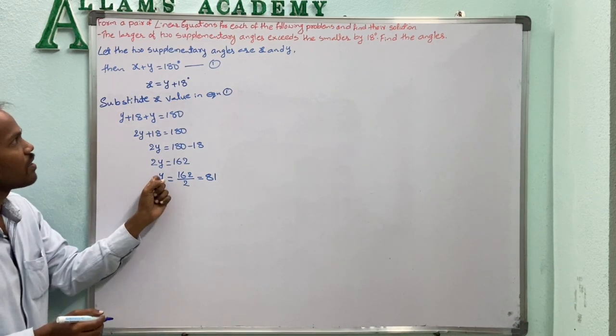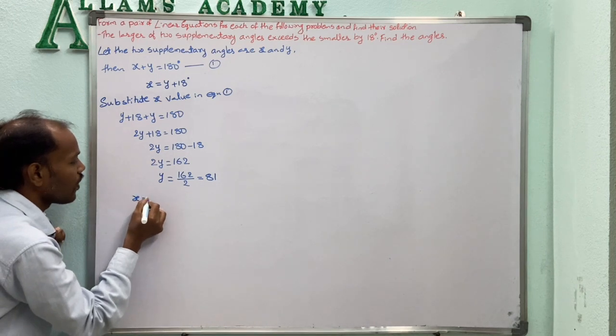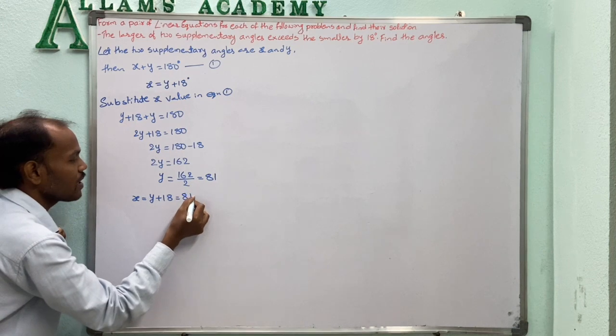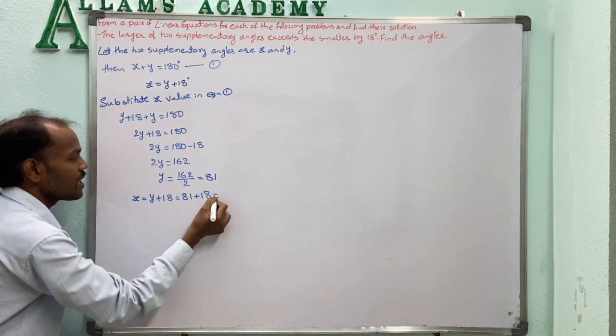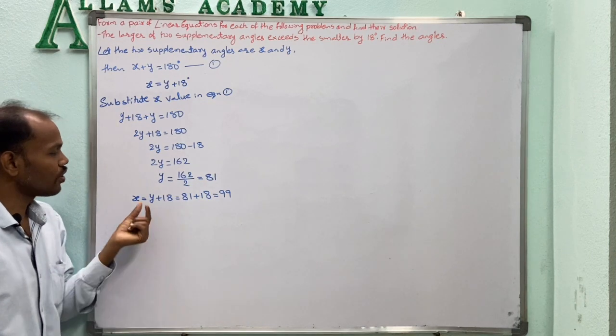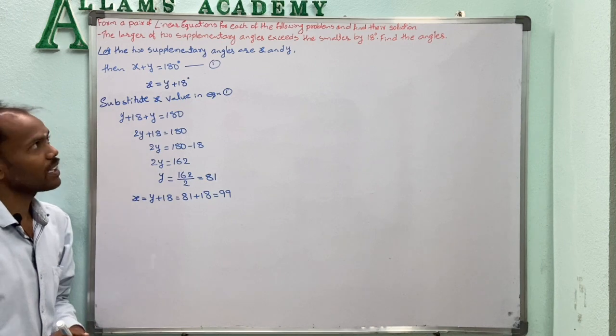Now this y value is substituted in x equal to y plus 18: 81 plus 18 is 99. So here x equal to 99, y equal to 81 came.